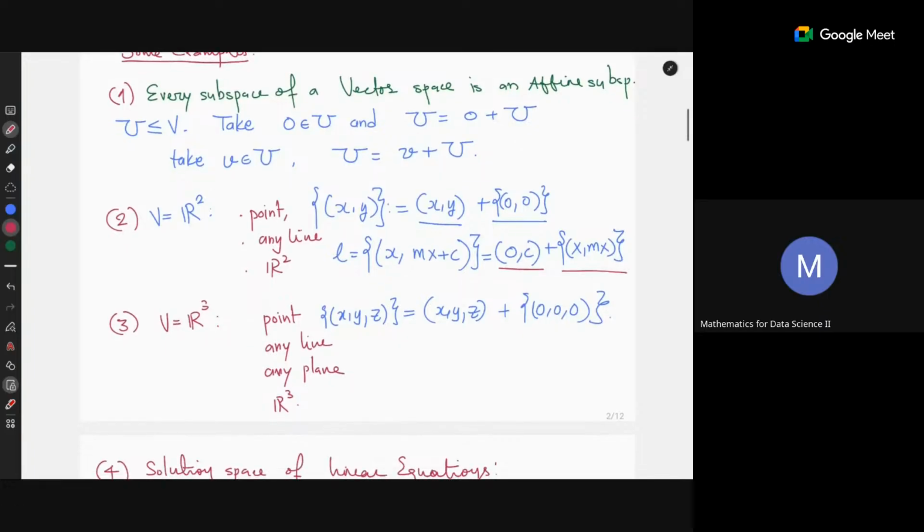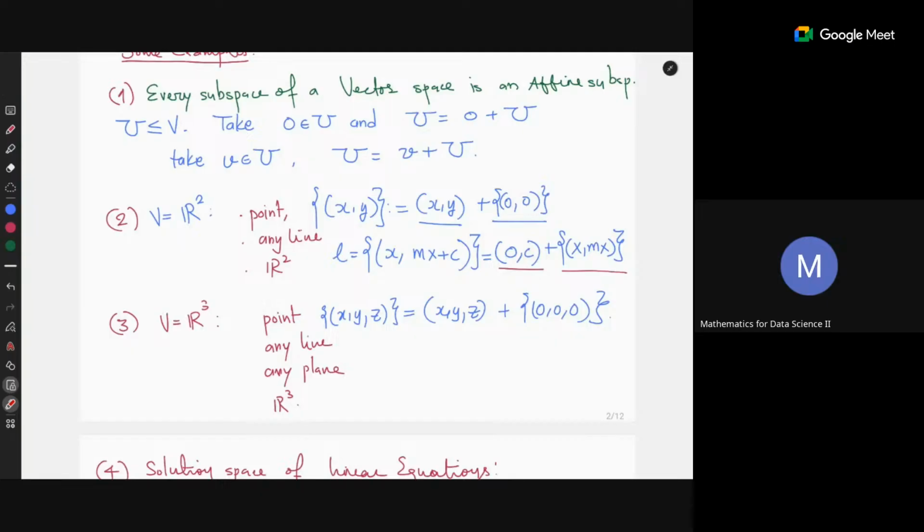All right. And now you can take whole R2 also. Why R2? Because R2 is a subspace of itself, and any subspace is an affine subspace. So affine subspaces are a bigger class than subspaces. Not every affine subspace is a subspace. For example, any line not through the origin is not a subspace because it does not pass through origin, but it is an affine subspace.